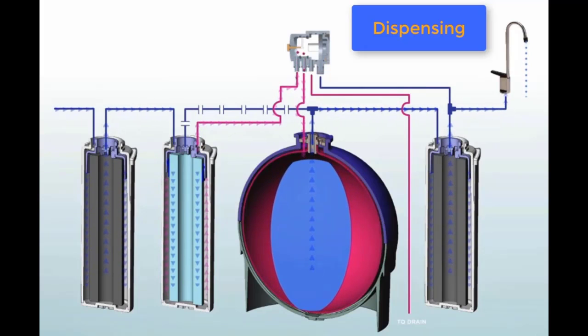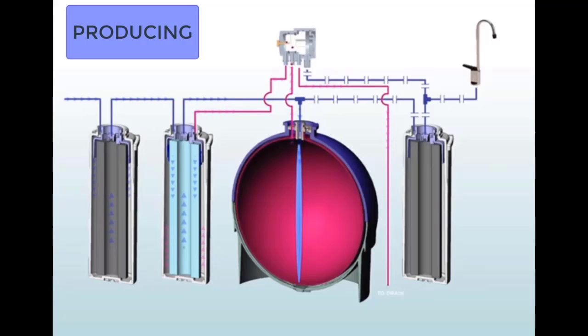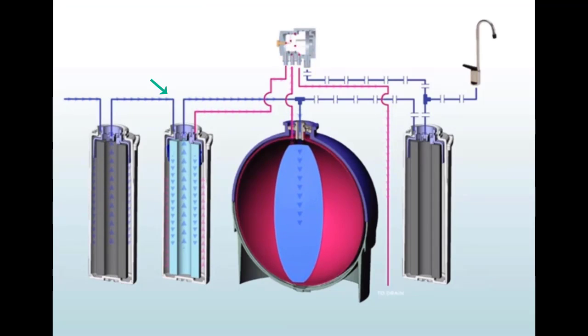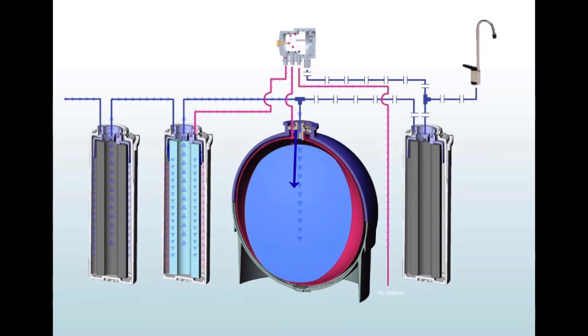Now, let's take a look at the production side of this system. Again, water is entering from the left, going through the pre-filter, coming out of the pre-filter, entering into the membrane, but now we see the permeate water coming out of the permeate tube. And it is now pushing its way down into the storage tank.